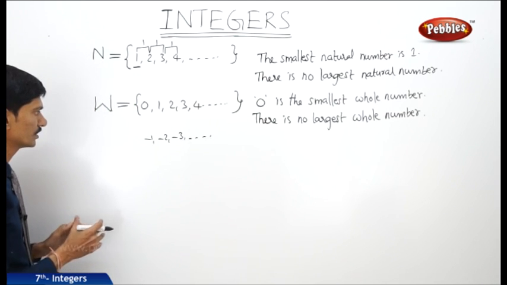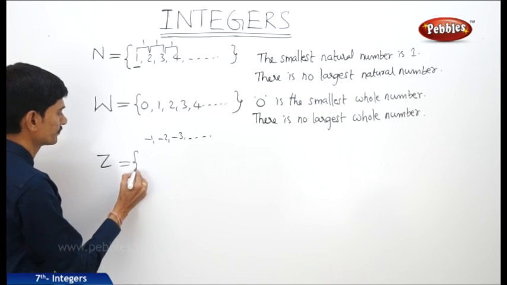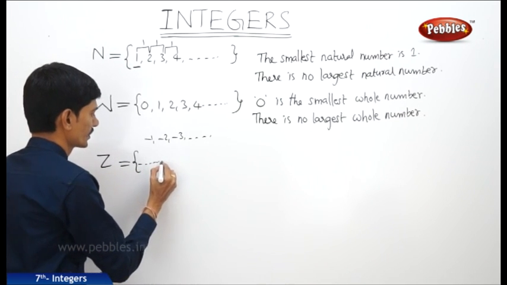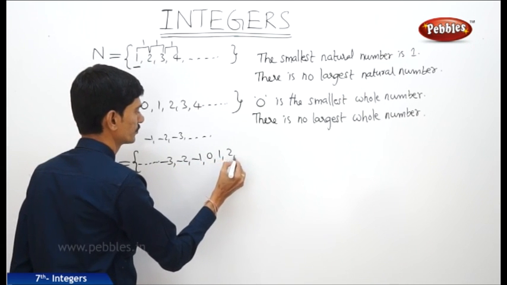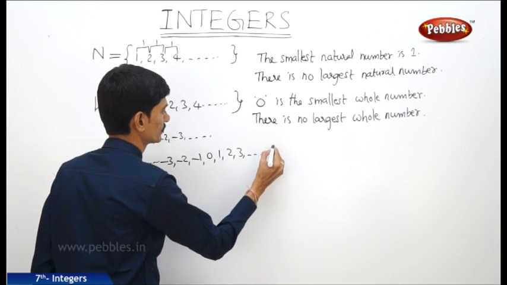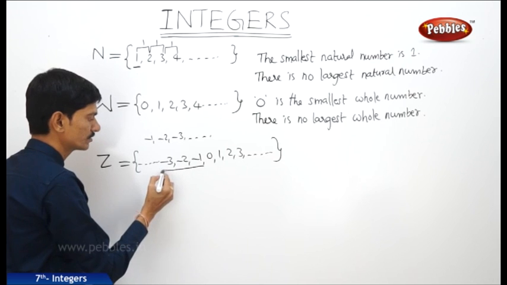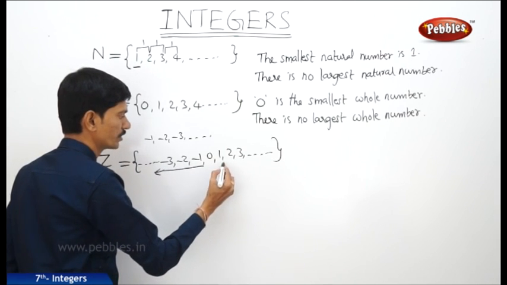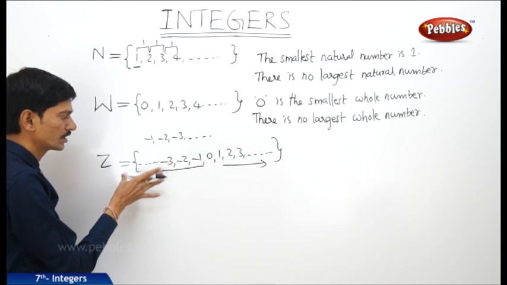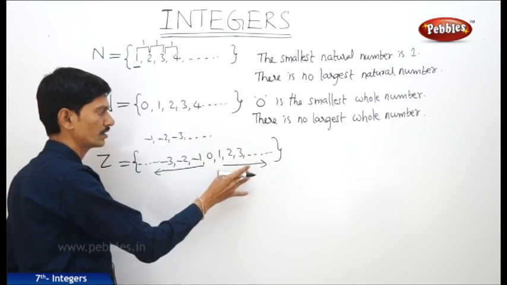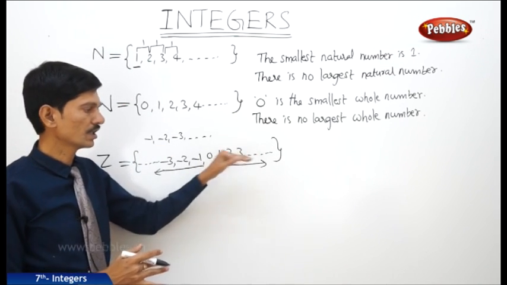Now the set of integers is denoted by Z, so this equals ..., -3, -2, -1, 0, 1, 2, 3 and so on. So here the negative numbers go up to infinity and also the positive numbers go up to infinity. So we cannot find the smallest integer and we cannot find the greatest integer. So there is no smallest integer, there is no largest integer.